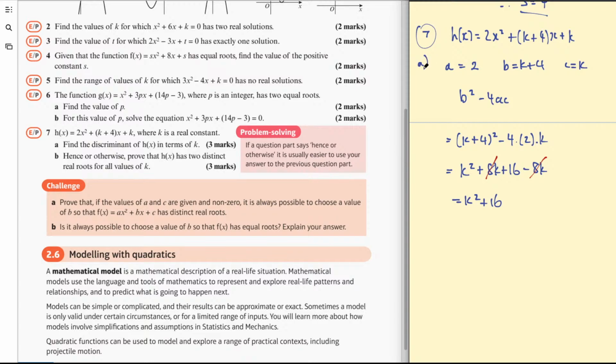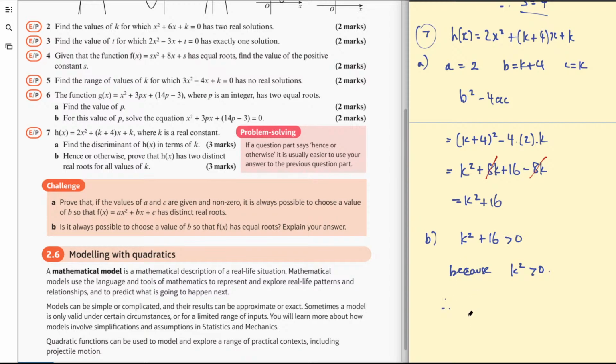So this is part A. For part B, I would just say k squared plus 16 is greater than 0 because k squared is greater than 0. Any integer squared is positive.